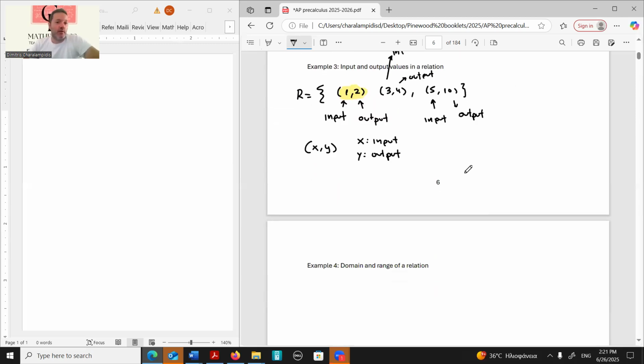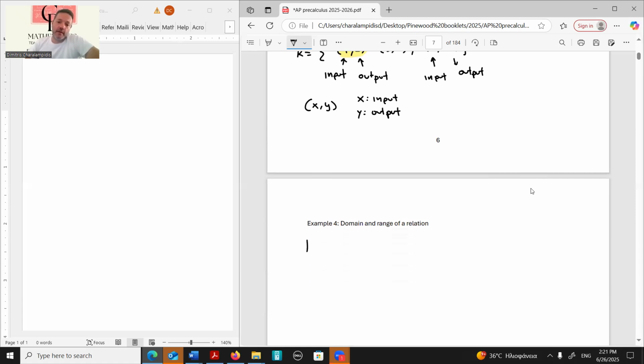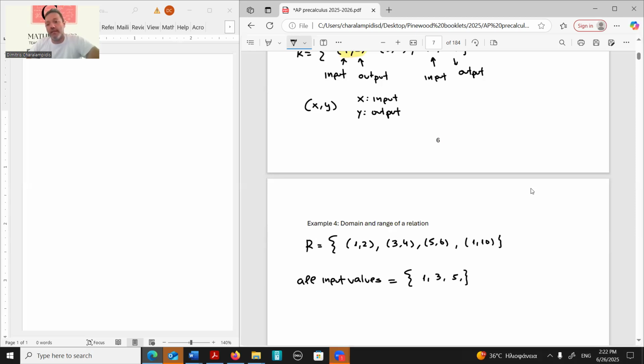Domain and range of a relation. Given a relation, let's use this example: {(1, 2), (3, 4), (5, 6), (1, 10)}. If we create a set that includes all input values together, in our case it would be {1, 3, 5}, and we don't need to repeat 1, then this is how we form the domain.